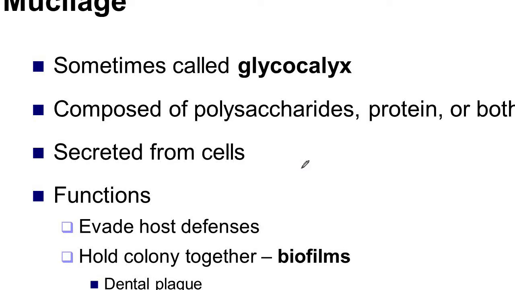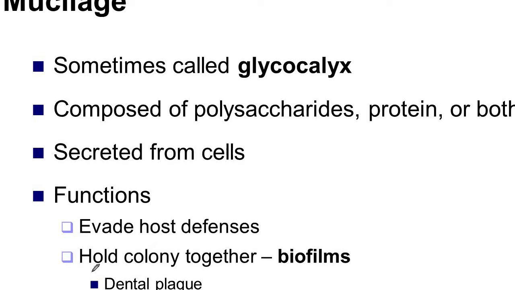So the thicker the glycocalyx, the more resistant the bacteria is to your immune system's attack. In fact, you can often tell which bacterial species are harmful just by looking at the thickness of the glycocalyx. If it's thicker, much more likely to cause disease. If it's thin, your immune system typically can handle that in many cases.